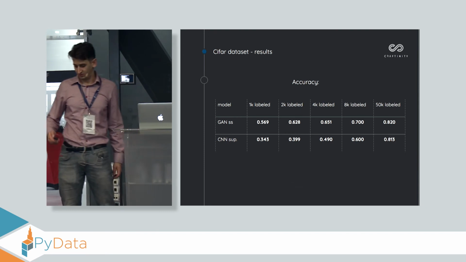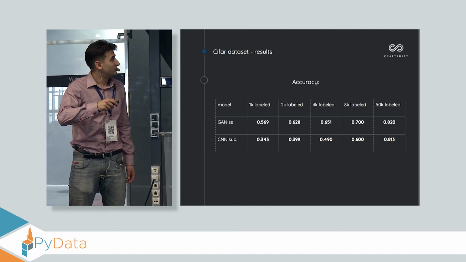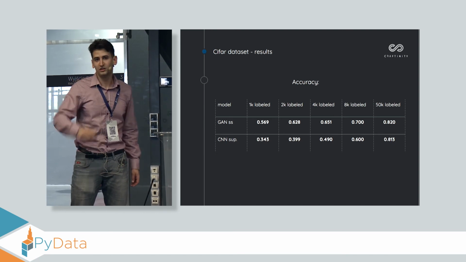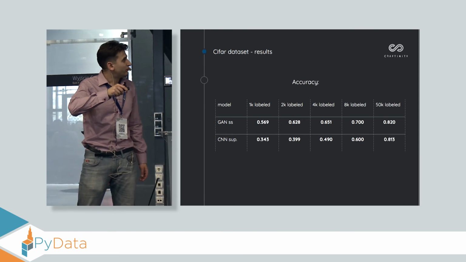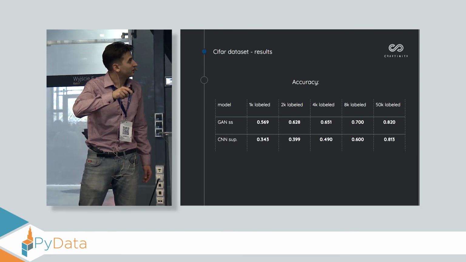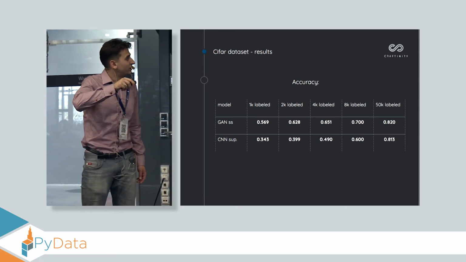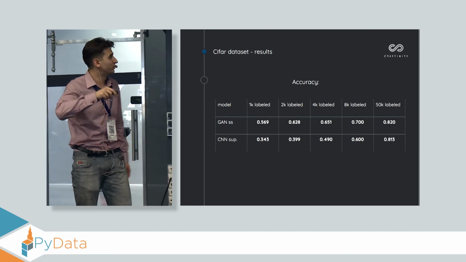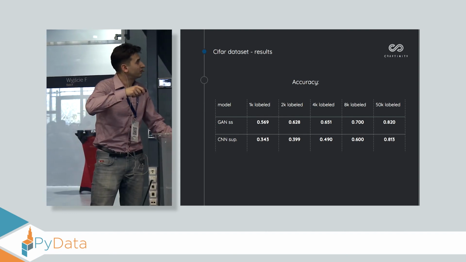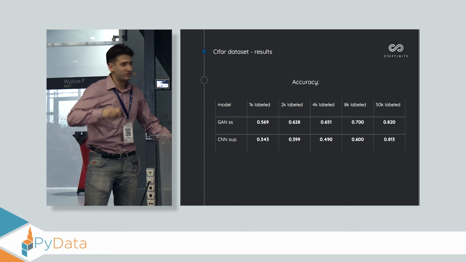So here are the results. When we have very few labeled examples, the GAN trained in a semi-supervised way outperforms the supervised CNN a lot. And as we have more labeled examples, this gap gets smaller. So in the end, if we use all of the labeled examples for CIFAR, the accuracy is almost the same.